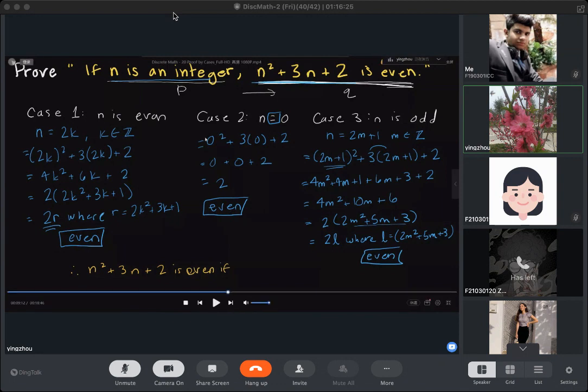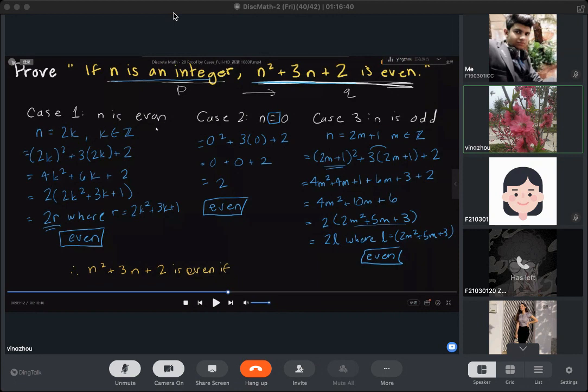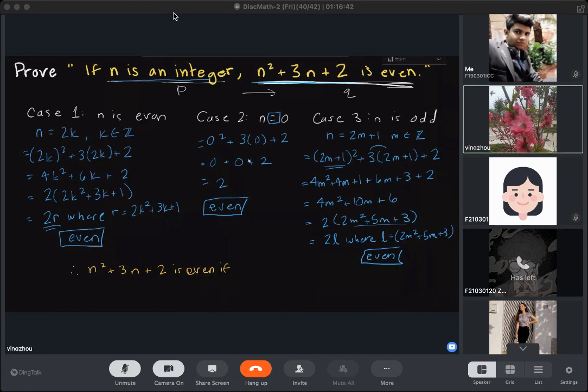So from this view, we only have two cases: case 1 is even and case 2 is odd. We tend to care about 0 because 0 belongs to the even case. So from this view, we just use the two cases.